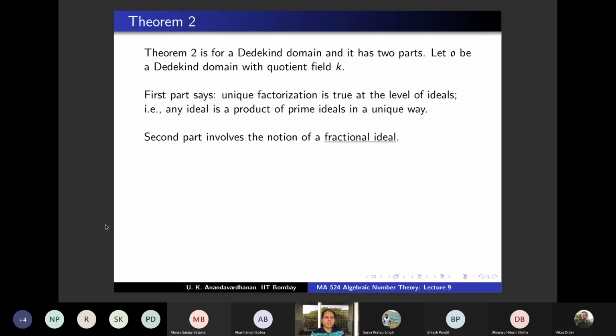The second part involves the notion of a fractional ideal. Some of you might not have seen this term, so let me say what it is. It's an easy concept.